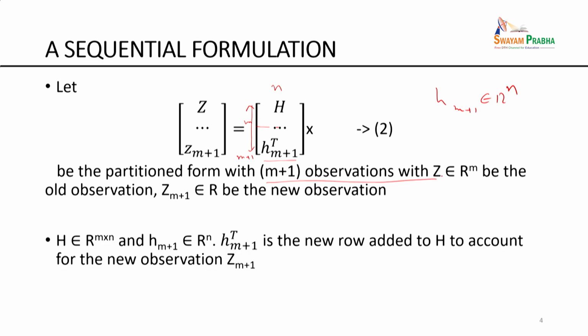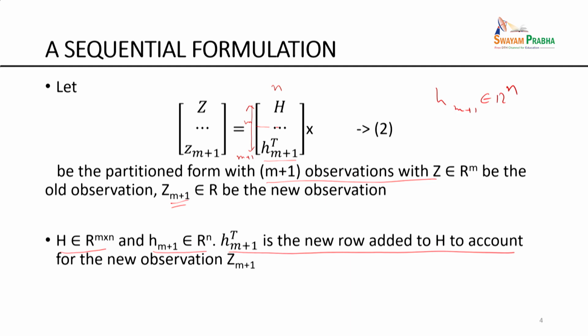So I had originally z and a z_{m+1} comes in. So this is the situation where I have already computed XLS based on m observations. A new observation comes in, the new setup. So H is m by n, h_{m+1} is in R^n, h_{m+1} is the new row added to H to account for the new observation.